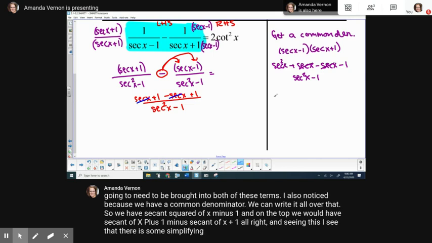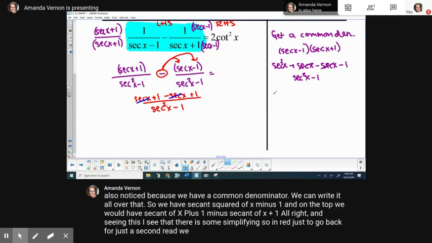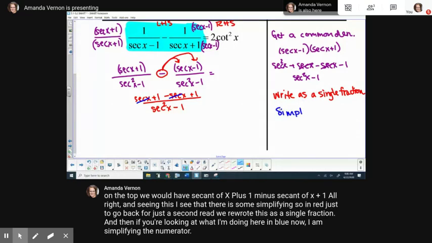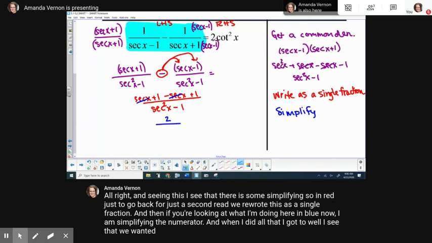So in red, just to go back for just a second, we rewrote this as a single fraction. And then in blue now, I am simplifying the numerator. And when I did all that, I got 2. Well, I see that we wanted a 2 at the end of our process. And on the bottom, I still have secant squared of x minus 1.